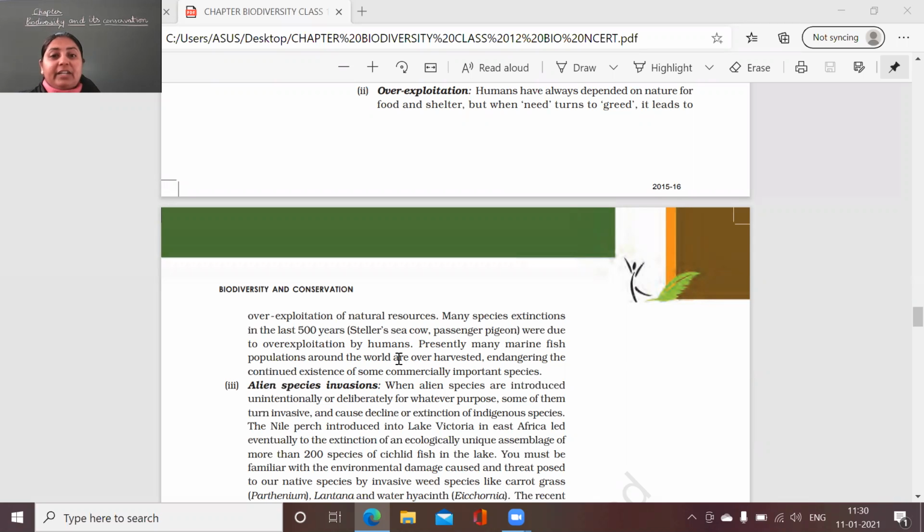Besides these, many marine fishes are also over harvested, and because of this most of these marine fish species have now become endangered, because humans are harvesting more and more of them for their commercial importance.